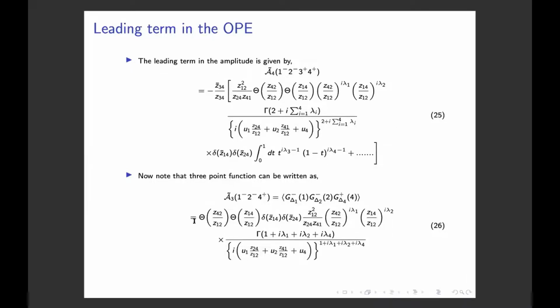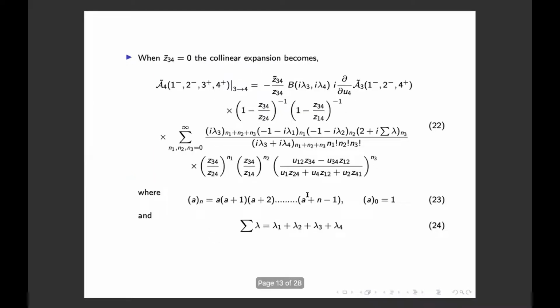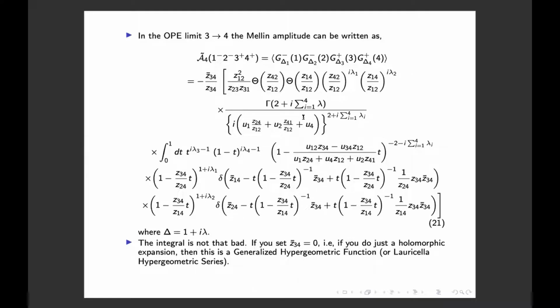Let me point out one thing: the reason I need the u's is that if you look at this A tilde 4, you will see that if you set all the u's to 0, then this amplitude will simply blow up, because you have this factor which is u1 times z24 by z12 plus these factors of u, the whole squared, and this is 1 by u1 z24 plus this square.